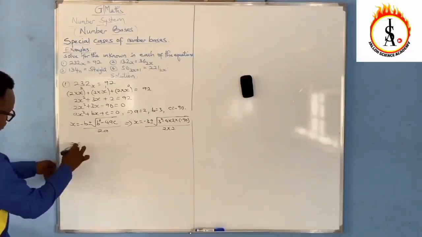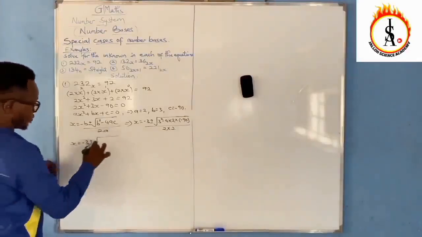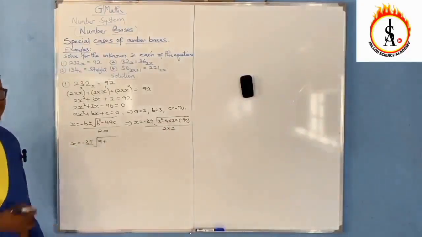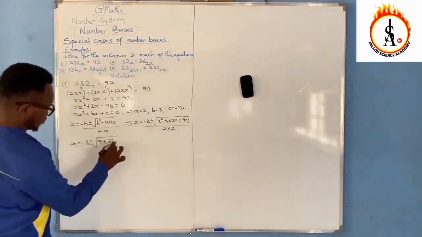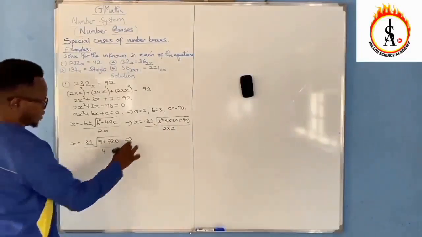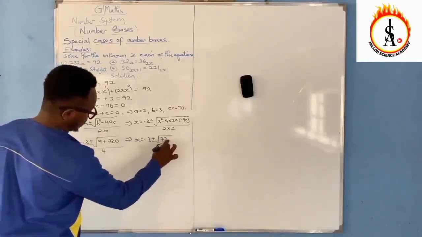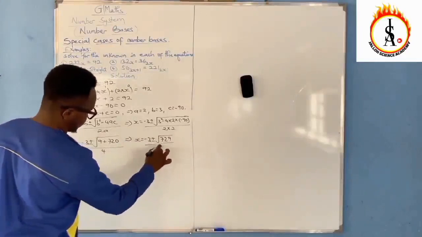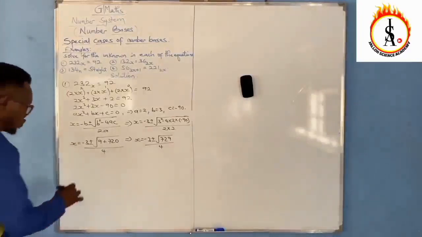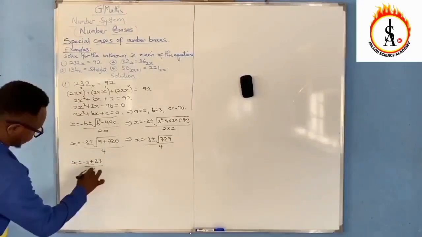So x will be equal to negative 3 plus or minus the root of 3 squared is 9, minus minus is plus, 4 by 2 is 8, 8 by 90 is 720, over 2 by 2 is 4. So x will be equal to negative 3 plus or minus the root of 729 over 4. And 729 is a perfect square because 27 times 27 gives you 729. So x will be equal to negative 3 plus or minus 27 upon 4.